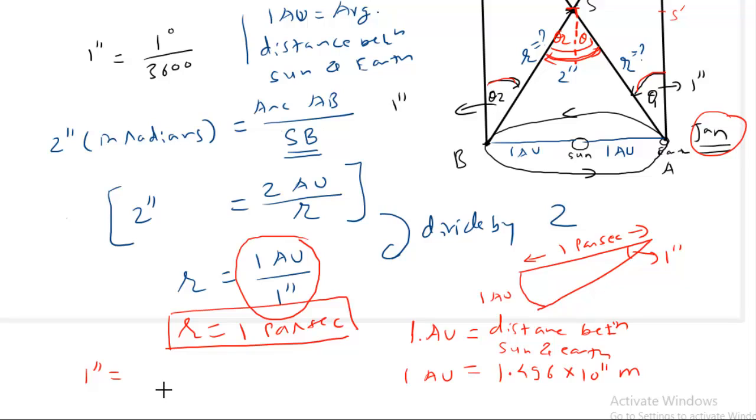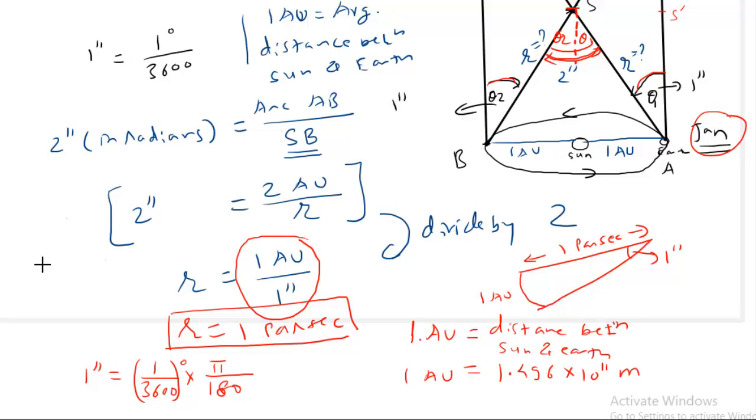So that will be equal to 1 divided by 3600, which converts it into degrees. Then it should be multiplied with pi upon 180, because to convert degrees into radians, you have to multiply by pi by 180.